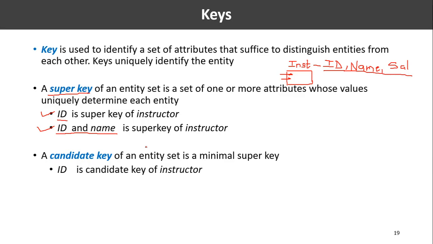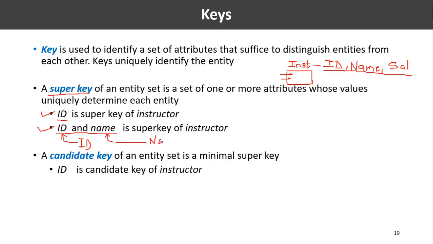I'll repeat. If I consider this set of attributes ID and name, is it possible to have a proper subset of this set? Yes, it is possible. So what are the proper subsets of this set ID and name? I may have ID, only ID as one subset, correct, and I may have name, that is also one subset.